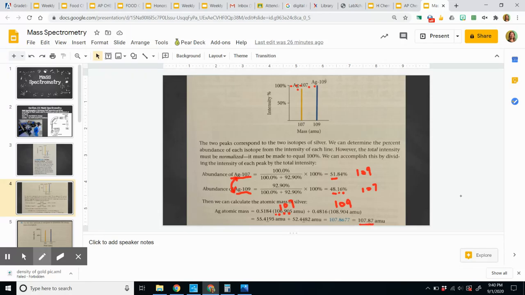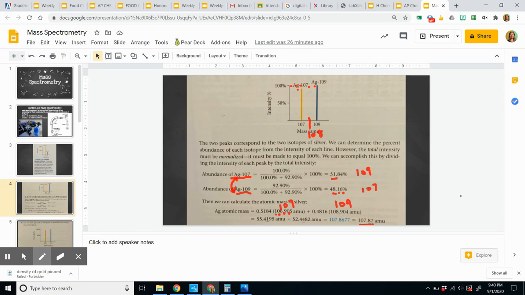If it just had multiple choice and they were far enough apart, we can definitely estimate what the average should be. If it's about half 107 and half 109, because they're almost the same exact intensity, then halfway between 107 and 109, the average should come out to about 108. Okay, and it does hit fairly close to that 108.